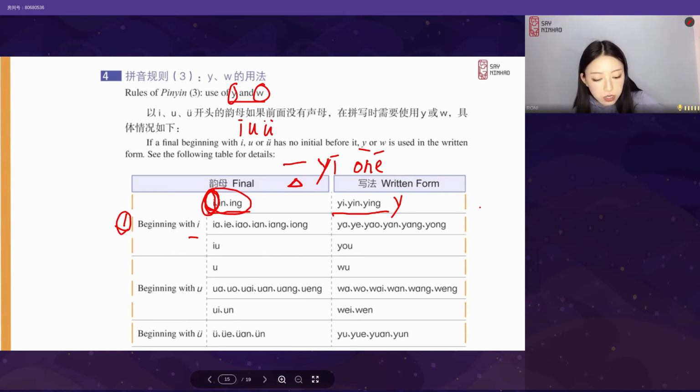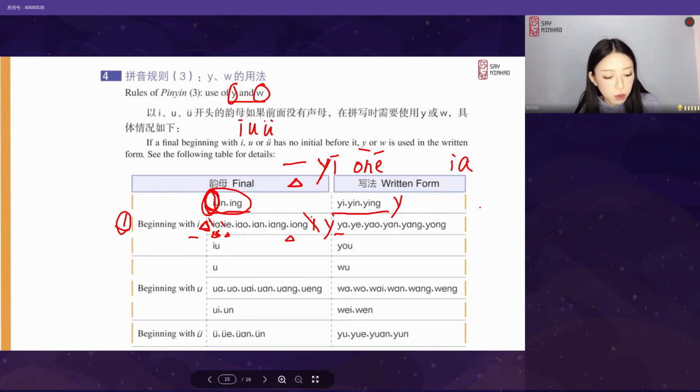And the second situation is when the final beginning with i has vowels following it. For example, vowels, we can see here, right? So in this situation, we will remove this i and put this initial. We will remove final i and put initial y before it. For example, for this, ya.